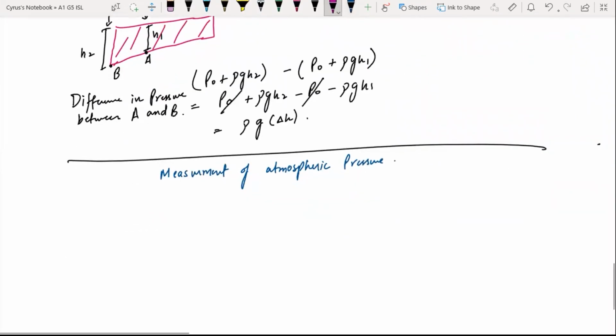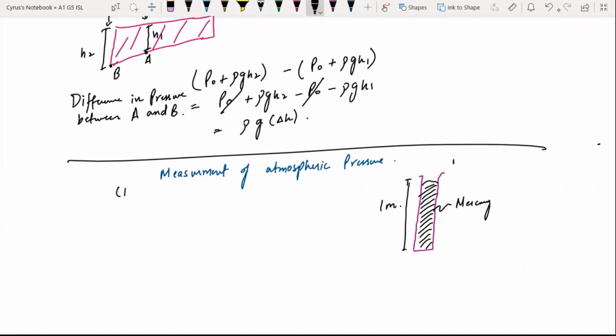We have here a measuring cylinder, and this measuring cylinder consists of some mercury, for example, like this. This is the mercury. It's a 1 meter long test tube that we have. I'll call this the mercury barometer.